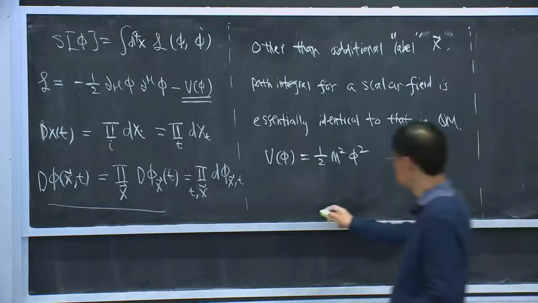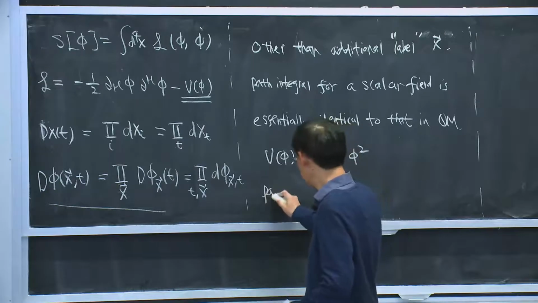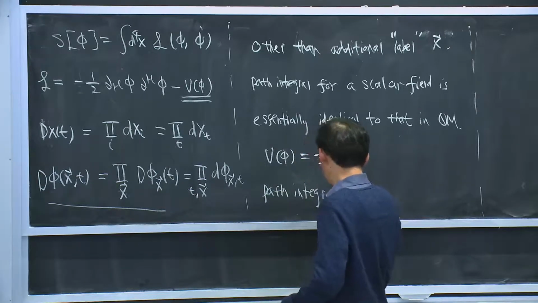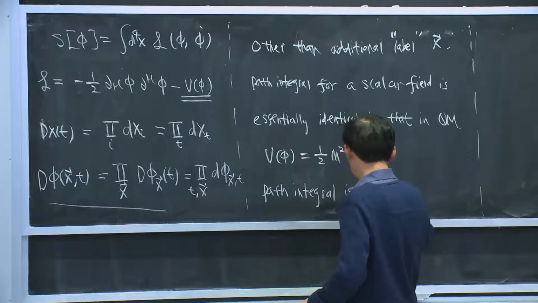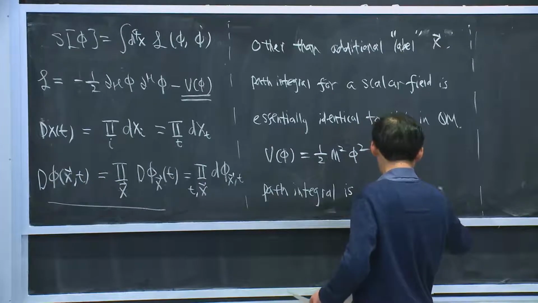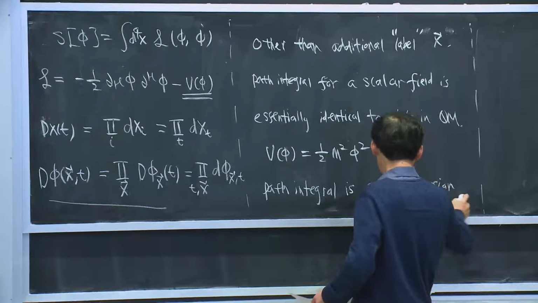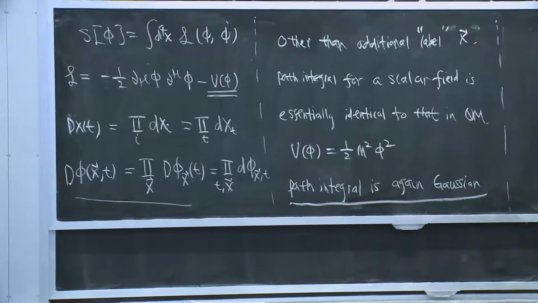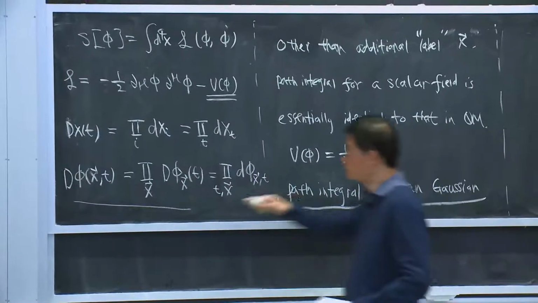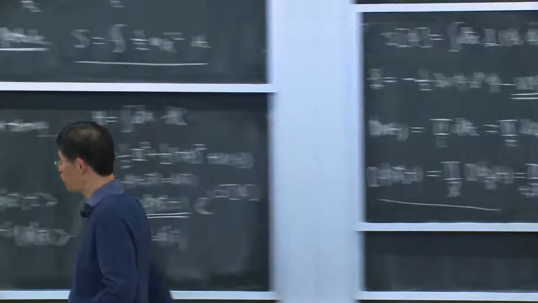And then in this case, the path integral is again Gaussian. Path integral is again Gaussian. And we will not write it again. So again, that formula and this formula apply.